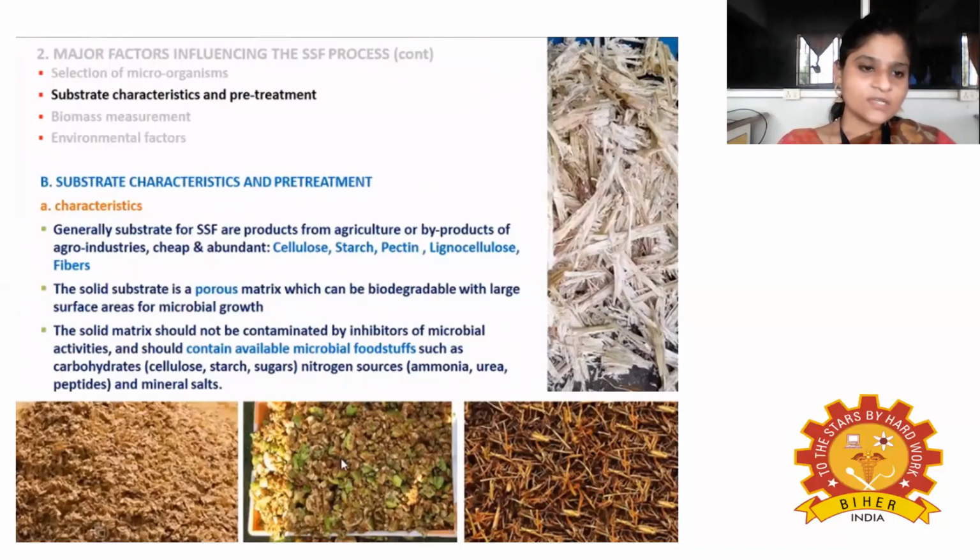The solid state substrate is a porous matrix which can be biodegradable, with large surface areas for microbial growth. Yes, so if your substrate is highly porous, it can easily take up the media that you're going to pour into it.